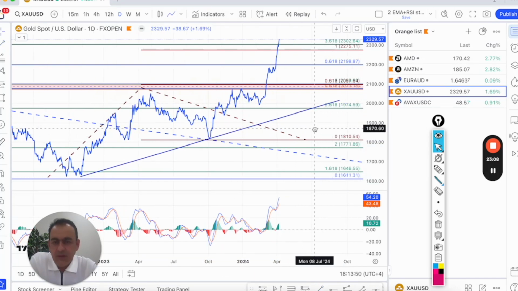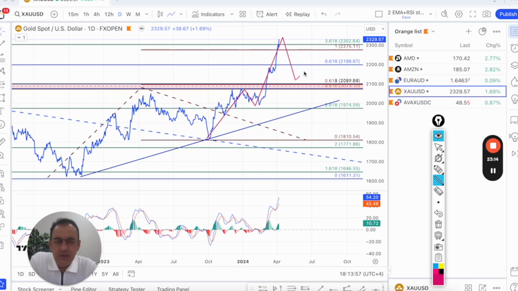In this case, if it pulls back and if we get a deeper correction, then we can expect it to come back to 2100 or 2075 and then continue, but I don't think that we are immediately getting a deeper pullback.